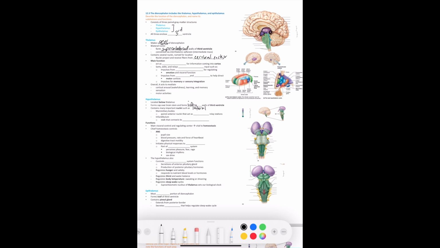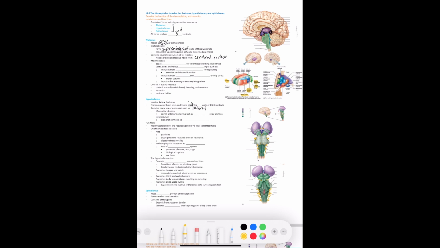We can identify some of those different nuclei here based off of location. The ventral nuclei, the anterior nuclei, and some of the ones that we will discuss a little bit later on. One is the ventral posterolateral nuclei, including the medial and lateral geniculate bodies here.